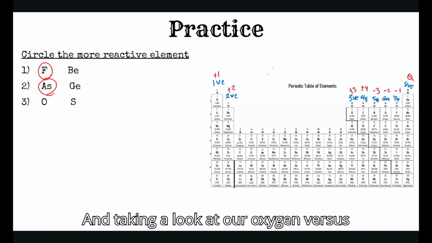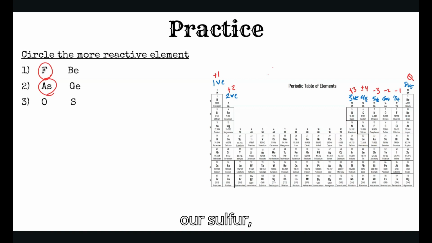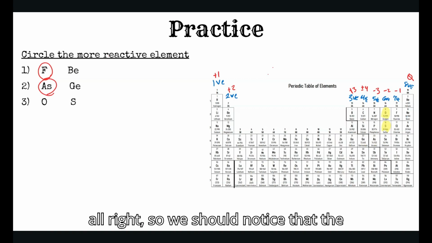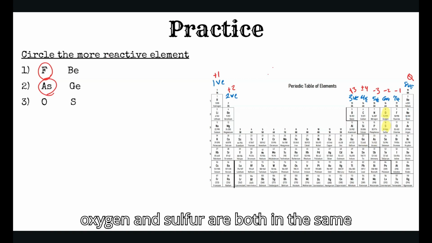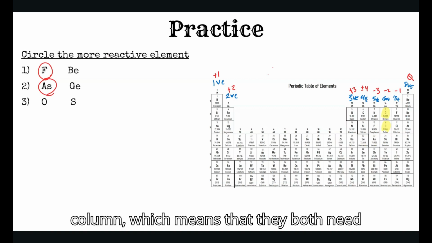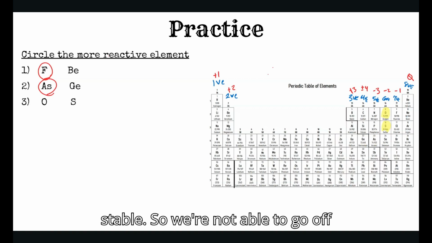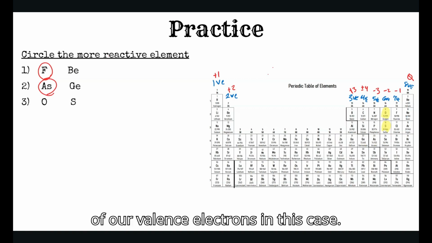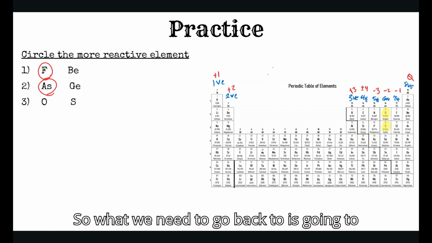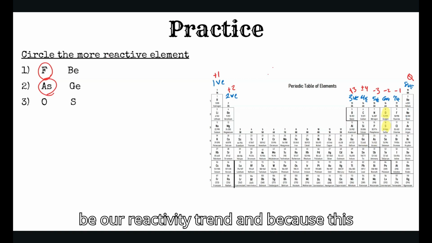And taking a look at our oxygen versus our sulfur. All right, so we should notice that the oxygen and sulfur are both in the same column, which means that they both need to gain 2 electrons in order to become stable. So we're not able to go off of our valence electrons in this case. So what we need to go back to is going to be our reactivity trend.